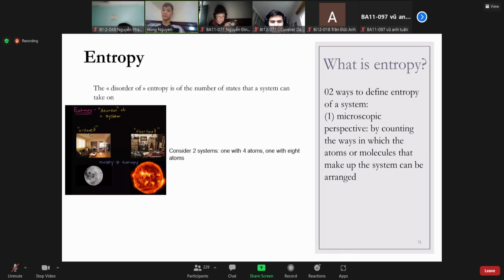One system has 4 atoms, and one system has 8 atoms. So we consider the 2 very simple systems. Good. What do we have? So 4 atoms here are encoded with different colors, okay, and 8 atoms. What do we have?